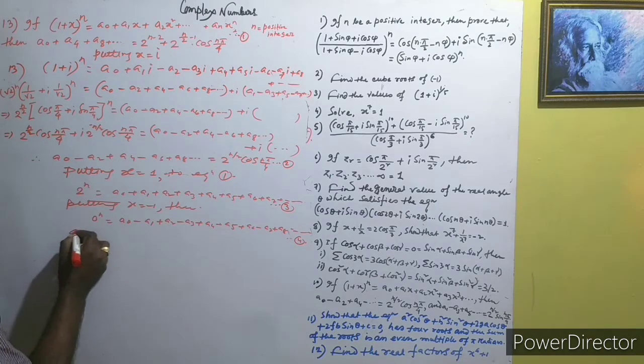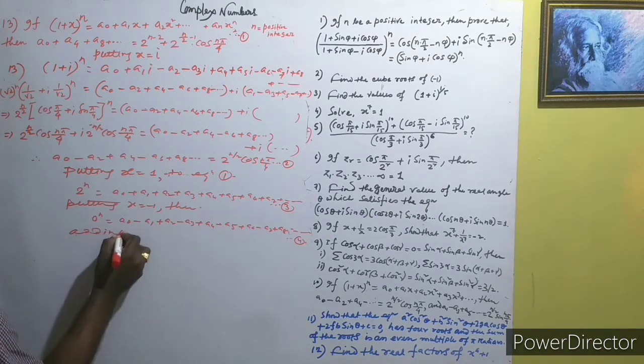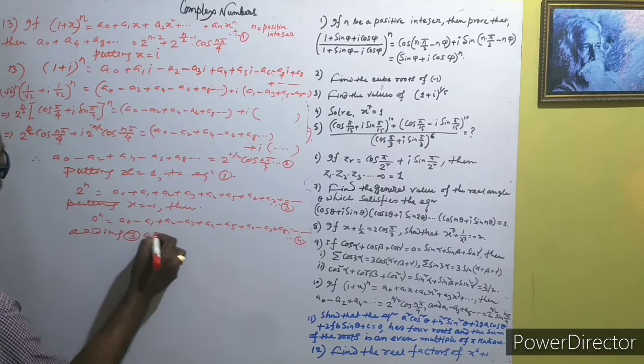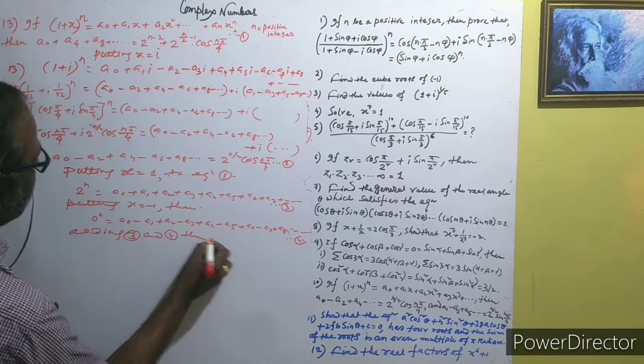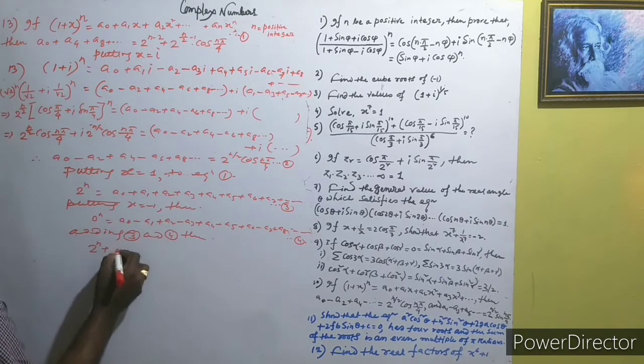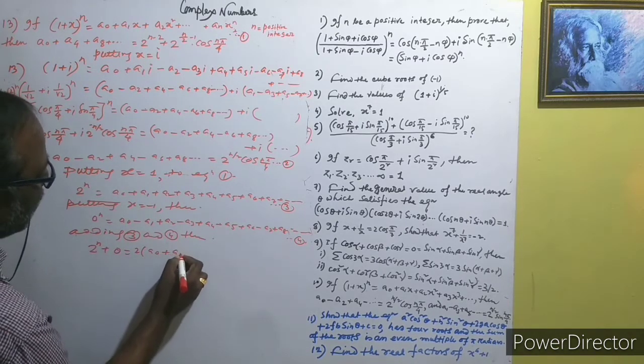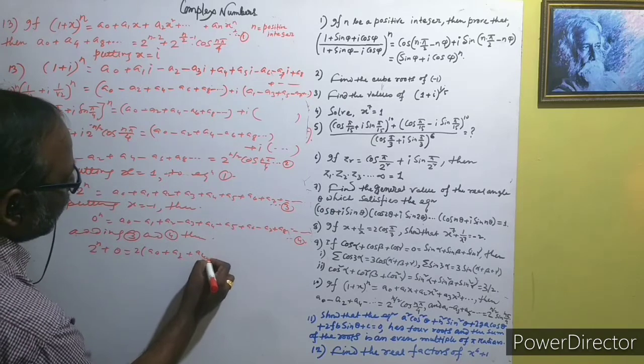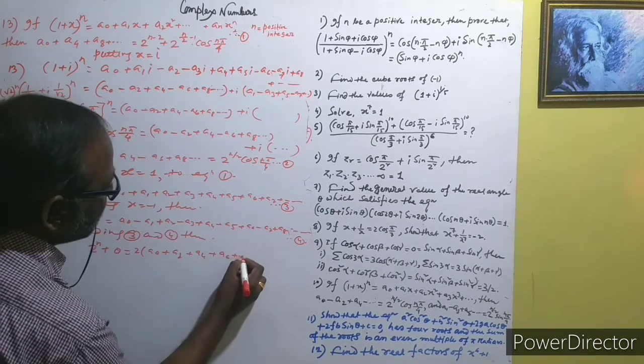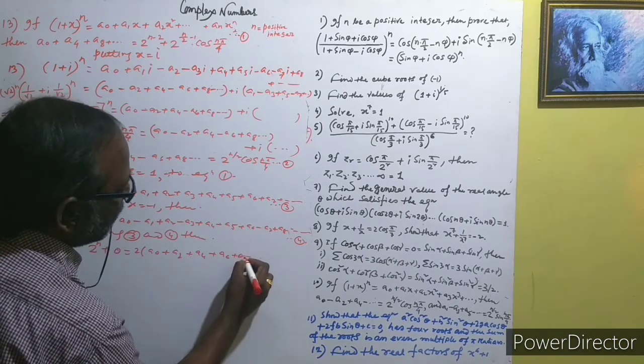Adding 3 and 4, then 2 to the power n plus 0 is 2 times a0, a2, a4, a6, a8.